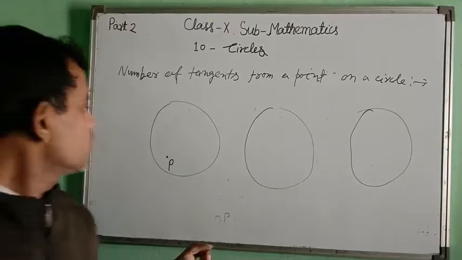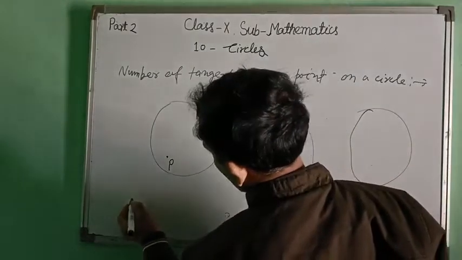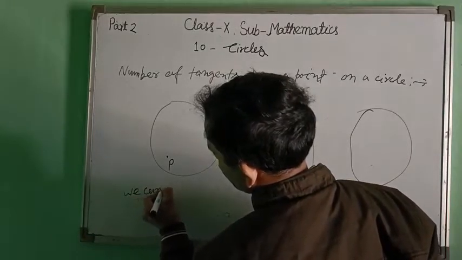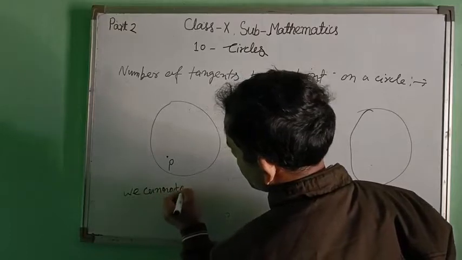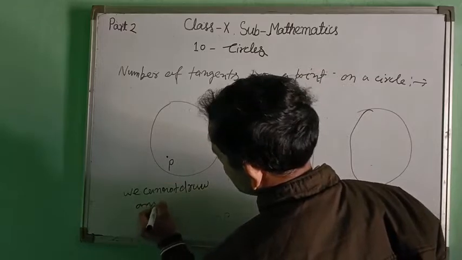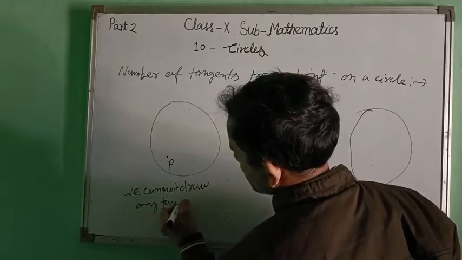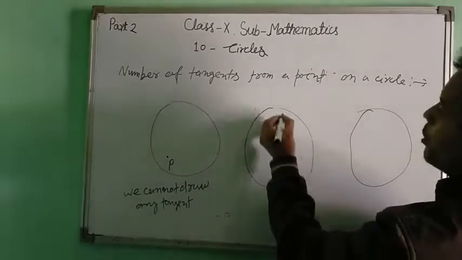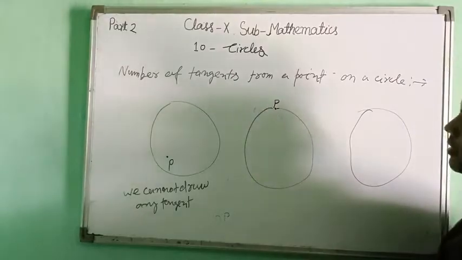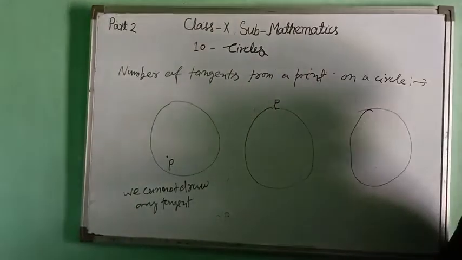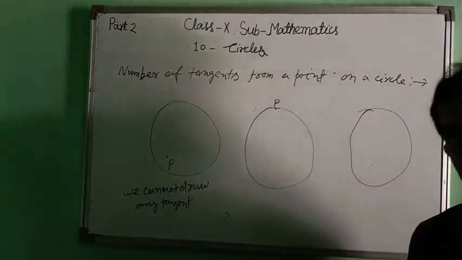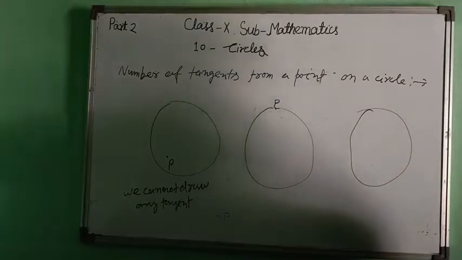So we cannot draw any tangent. If a point, suppose this point P, lies on the circle, then we can draw only one tangent passing through this point.